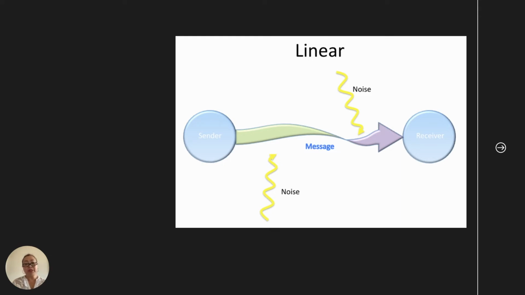There may be obstacles in the communication process or noise. Noise refers to any interference in the channel or distortion of the message. This is a fairly simple model in which a message is simply passed from sender to receiver.